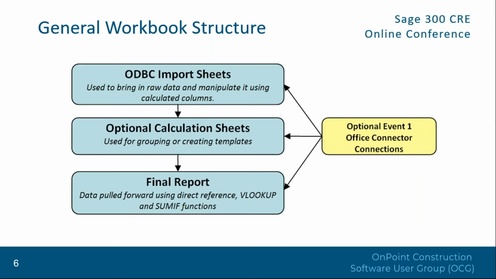I have another sheet that brings in GL balances. I have another sheet that brings in the period information, so that it lets me know what period the job cost module is set in and what period the GL is set in, okay? So we have a bunch of sheets, and we can have as many as we need.